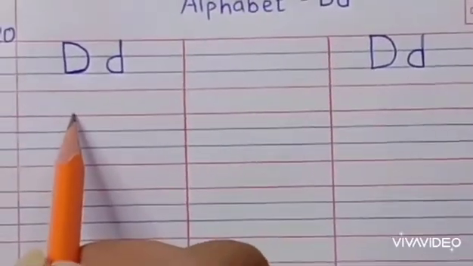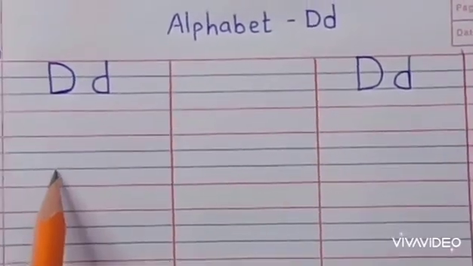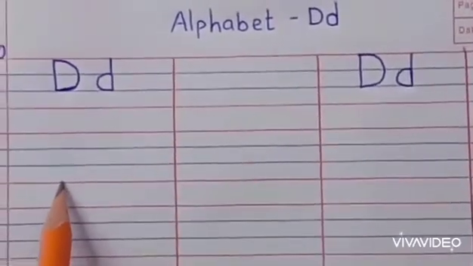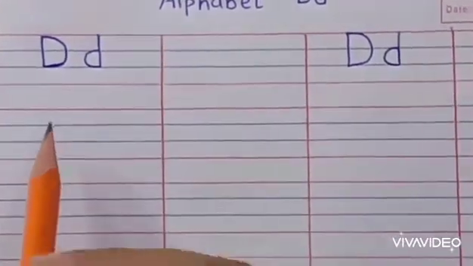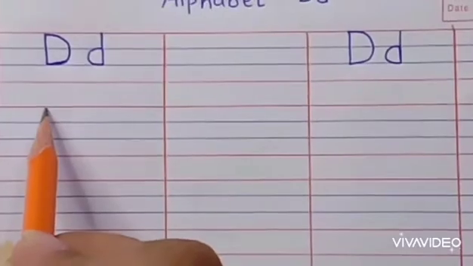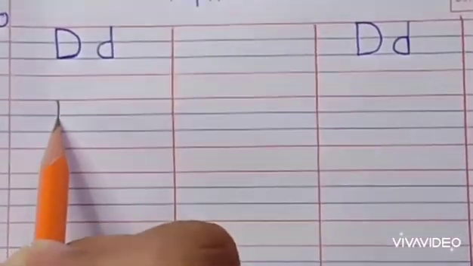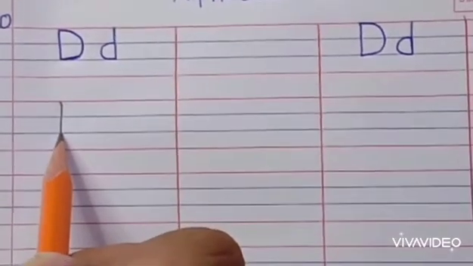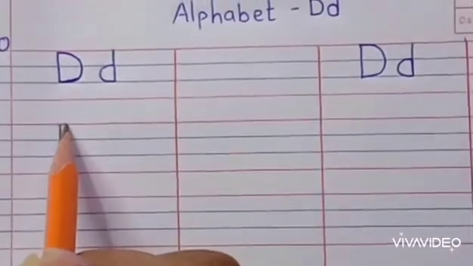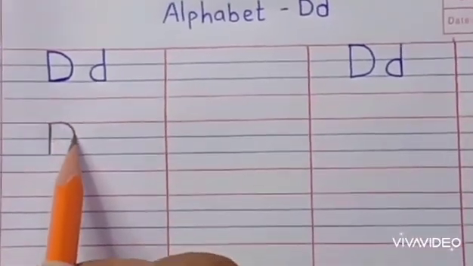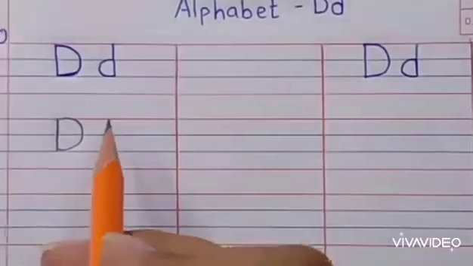As you can see, 4 lines. First red line, first blue line, second blue line and second red line. Now we will write capital D from first red line to second blue line. Let's start. From first red line, go standing till second blue line, then go up again on it, and from first red line to second blue line, make a reverse C curve.